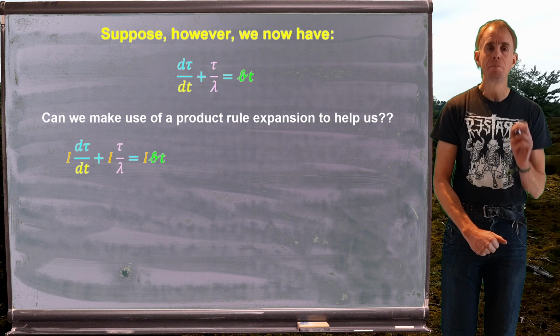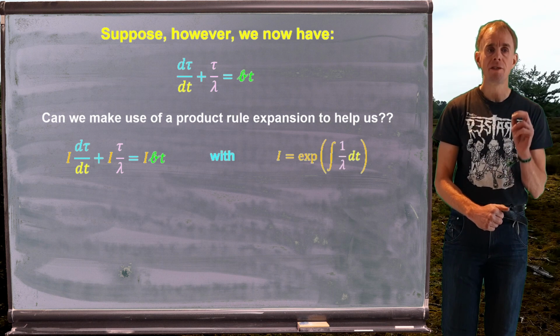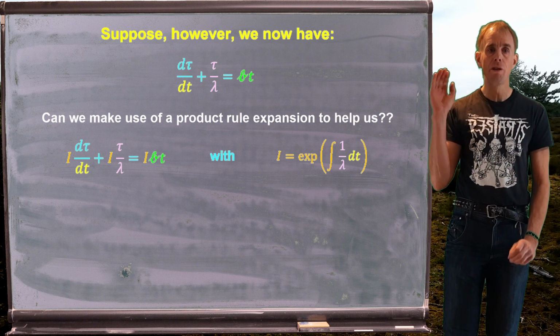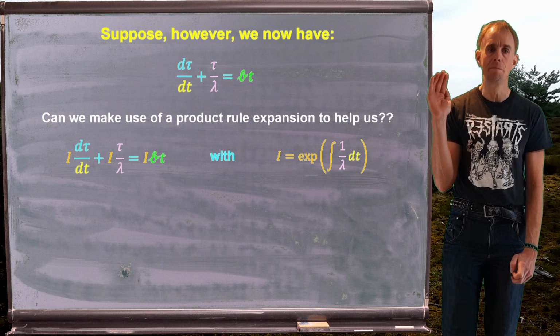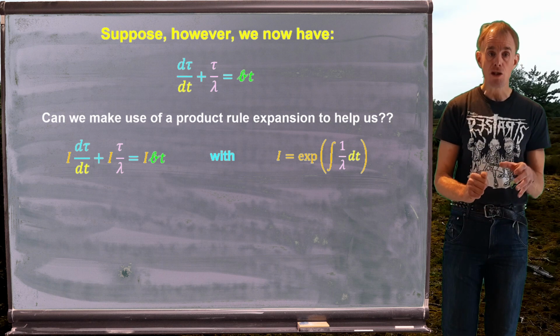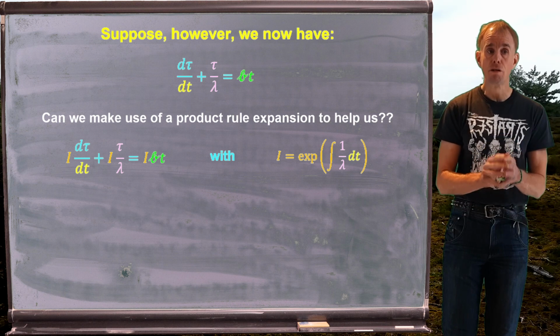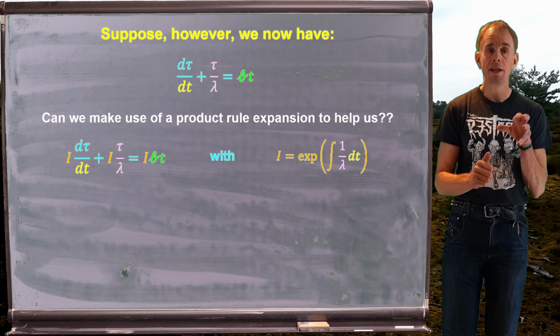Now, the cunning part is our choice of I. And what I'm going to say is that if we focus on the pink term on the left-hand side, that tau over lambda term, I in this case should be the exponential of the integral of whatever pre-multiplies tau, in this case 1 over lambda, and we integrate with respect to time.